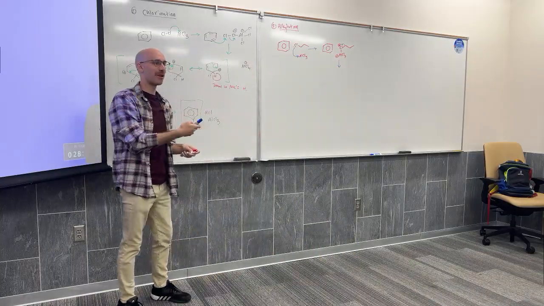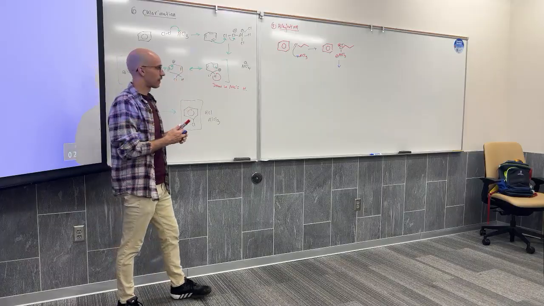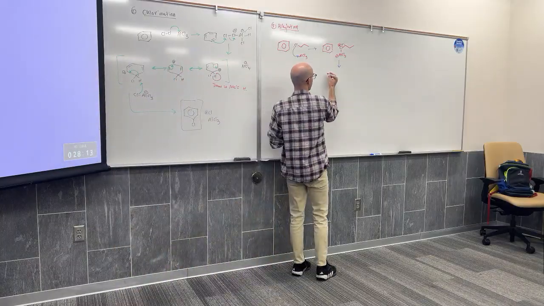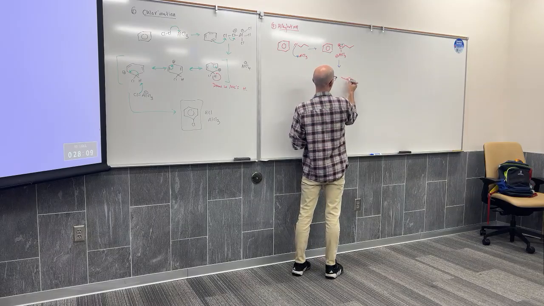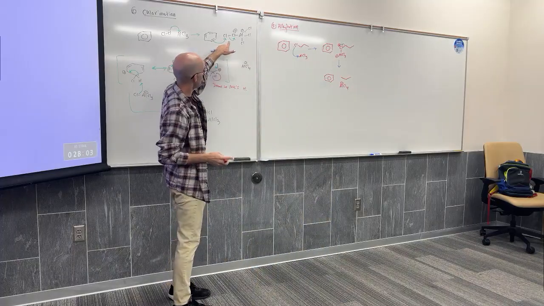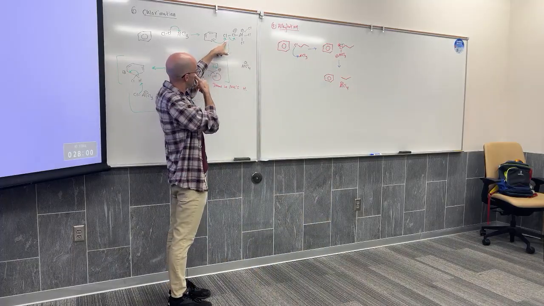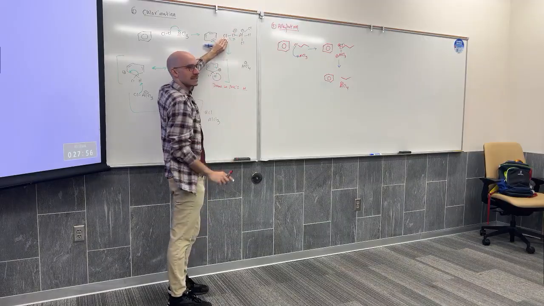Why do I say that's plausible here, but I say it's not plausible here? Look at the cation that I generate. Do I generate a carbon cation? Or, excuse me, do I generate a chlorine cation? Your textbook, or the online textbook, recommended that this bond break and leave behind a Cl+.